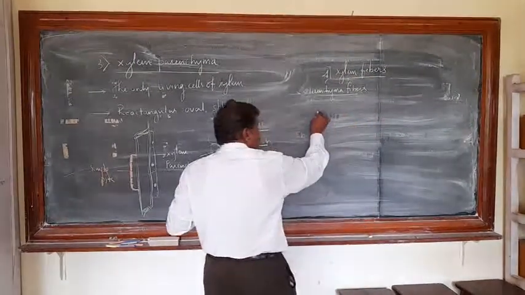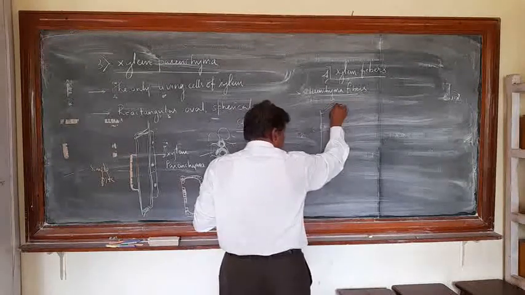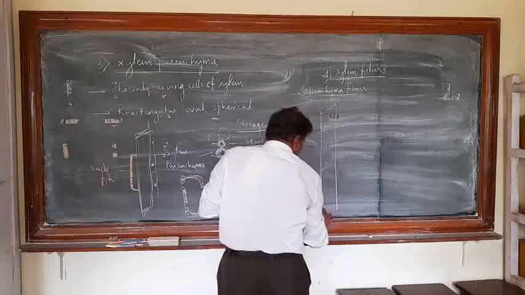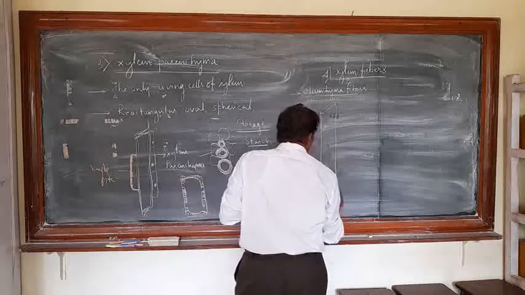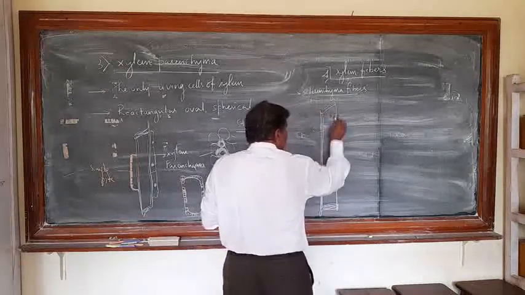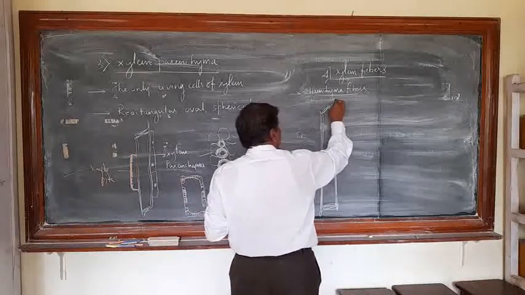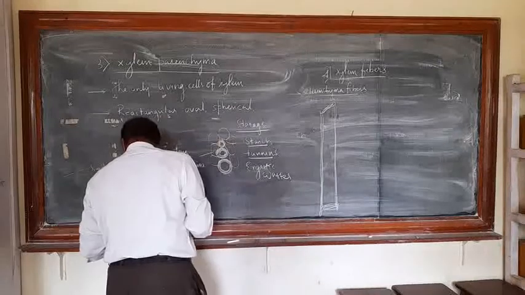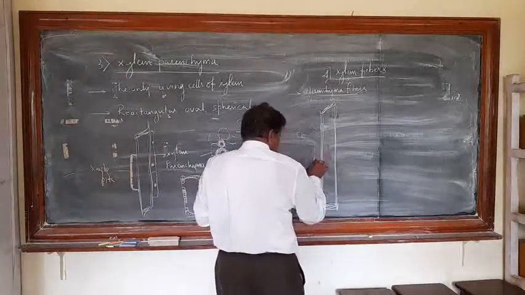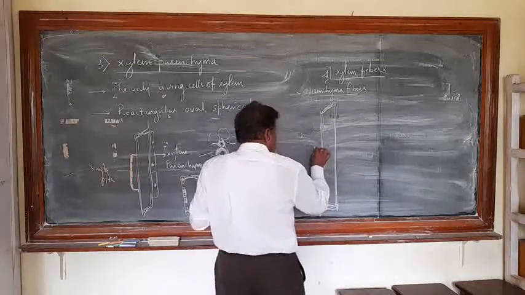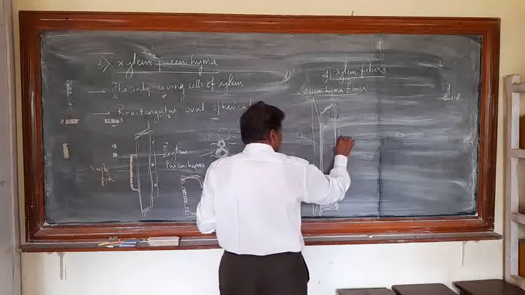Suppose you consider a xylem element, maybe a vessel, assume that this might be the xylem vessel. Here you will find cells which are very much elongated and have tapered ends, just like this.